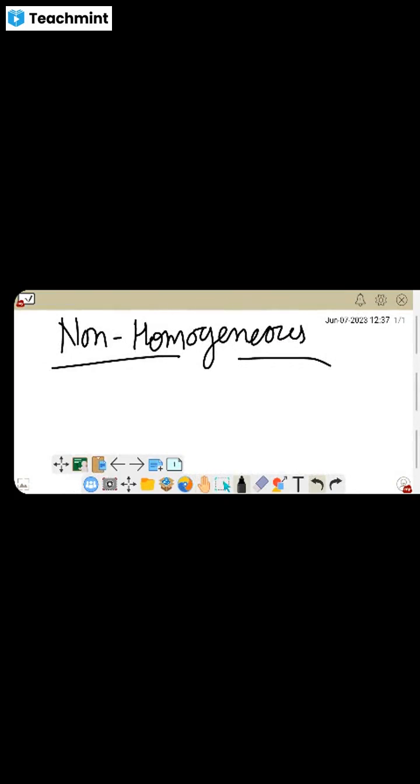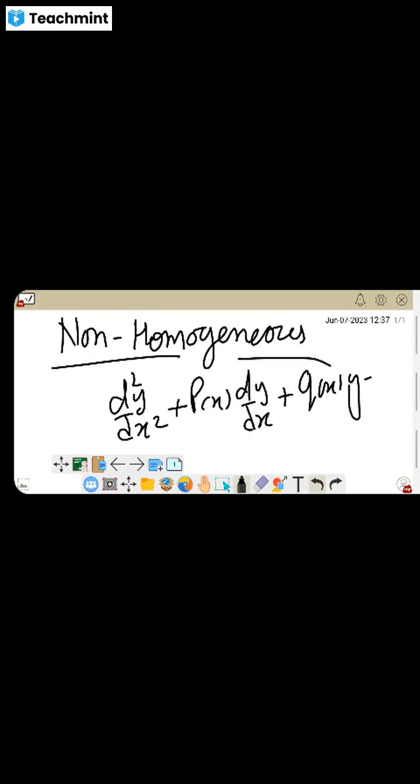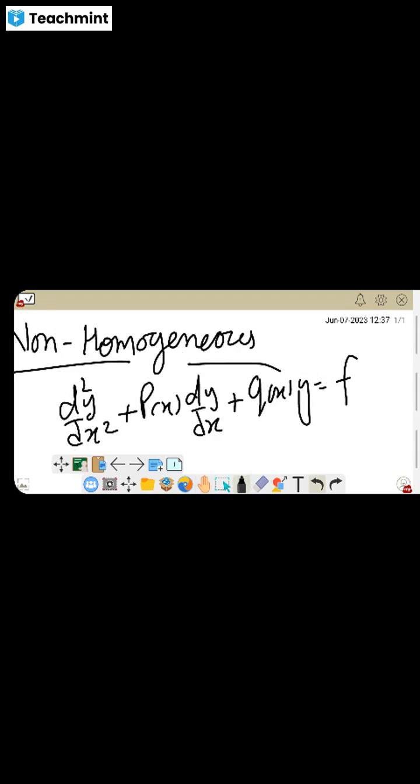So here we have the equation in this form: d square y over dx square plus 2x into y is equal to f(x), because in non-homogeneous we have here f(x).